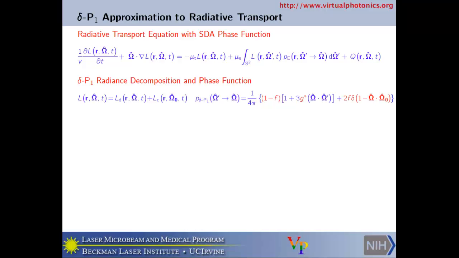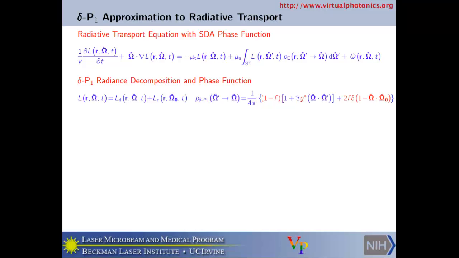So we add one additional term in the radiance and phase function approximation. We say the radiance consists of two terms: a diffuse radiance, which is exactly the same radiance we saw before in the diffusion approximation.